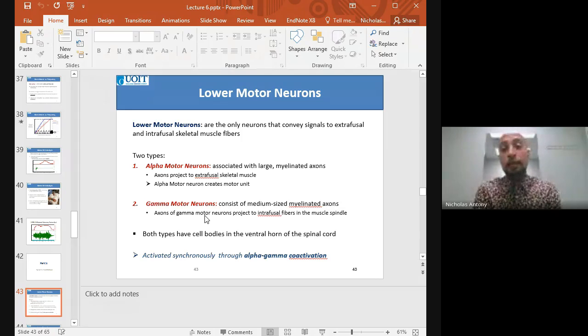So remember, we're going to talk about how we have our tracts that connect our motor planning areas to our muscles. When we talked about the somatosensory system, for the dorsal column and the spinothalamic tract, do you guys remember how many neurons there were to get from the receptor up to the brain?